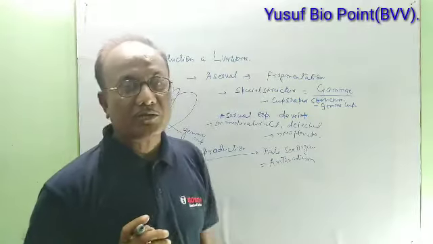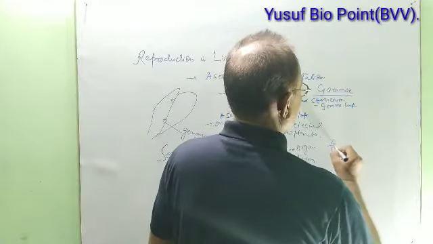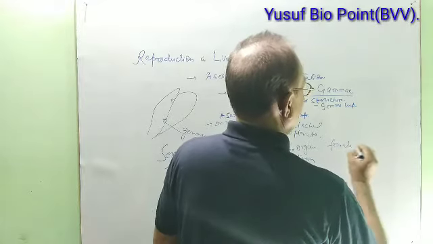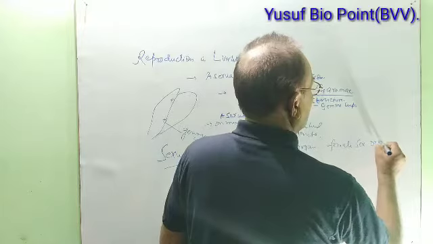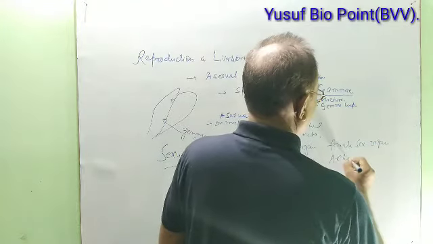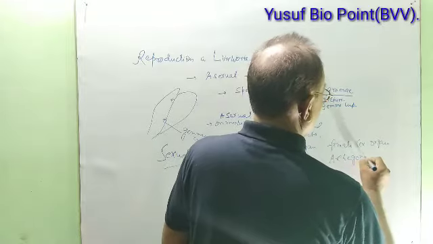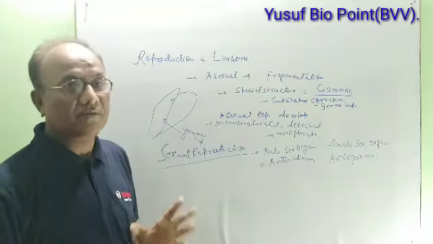Antheridium. And the female sex organ is called archegonium. They occur on the same thallus or on different thalli.